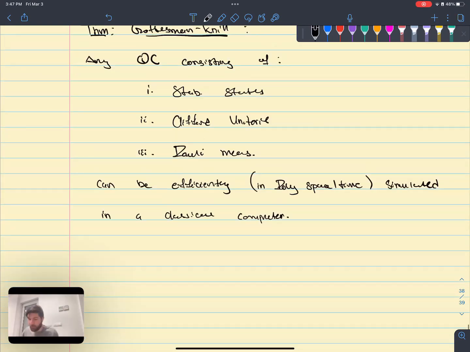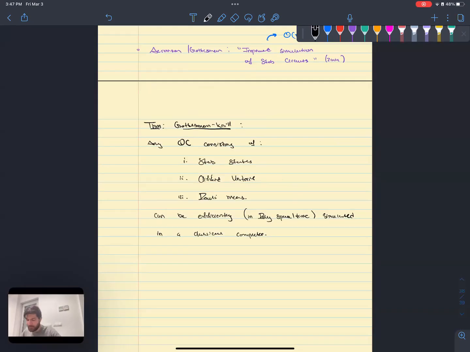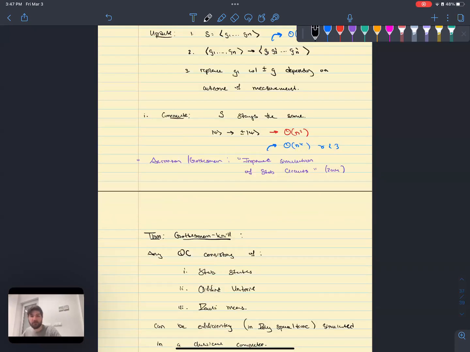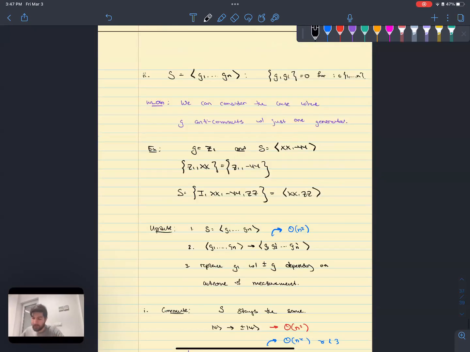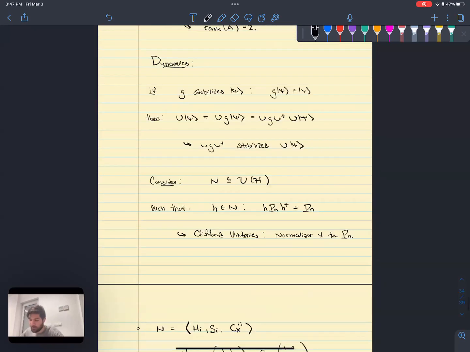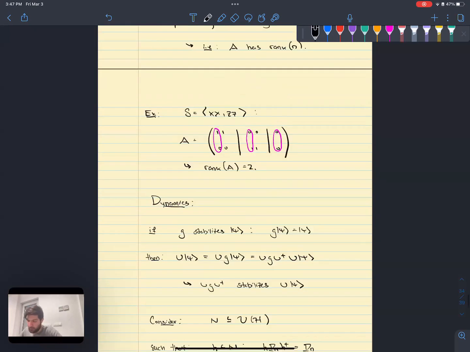And more or less, in the standard way, we proved it as we went by, looking at each of the constituents. We looked at the fact that you only need roughly n squared bits to store a quantum state through this check matrix.